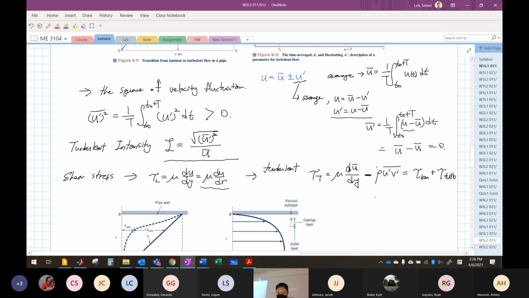Okay, so here the turbulent shear stress is defined by minus rho U prime V prime.